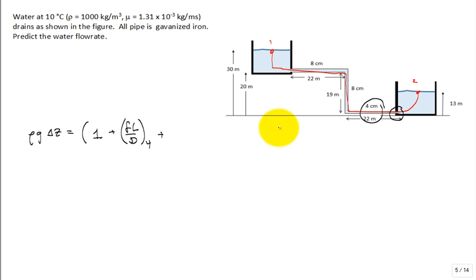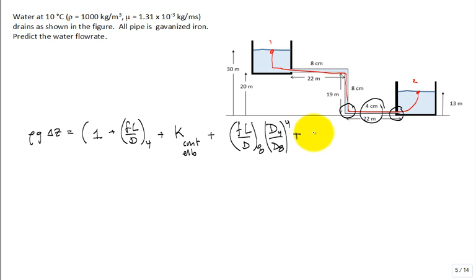You'll have a loss because somehow you're going to have kind of an elbow with a contraction. I'm going to say that that's some K contraction elbow in the 4 centimeter pipe. Plus, we'll have the major loss fL over D in all of the 8 centimeter pipes. But I know that then I have to multiply by a ratio of diameters because everything's going to be linked back. So this is going to be D4 divided by D8 to the fourth power, true?